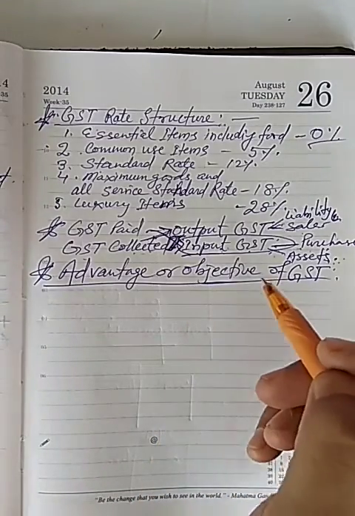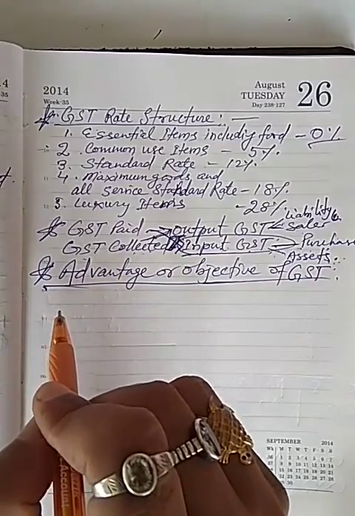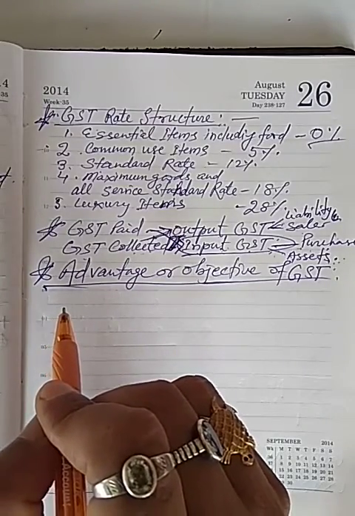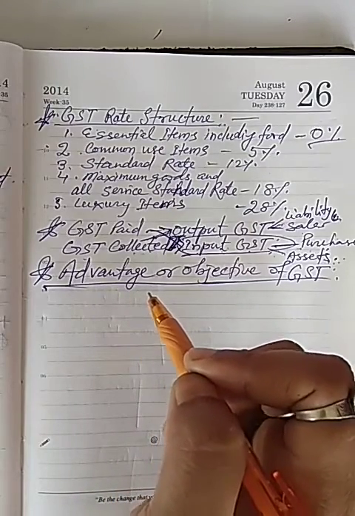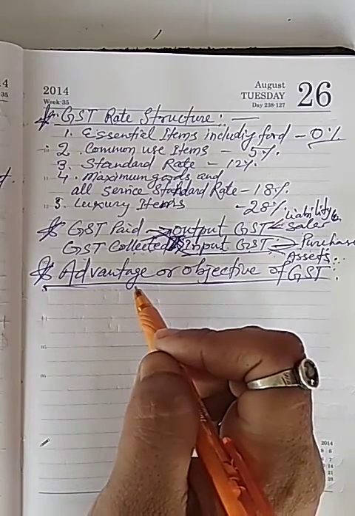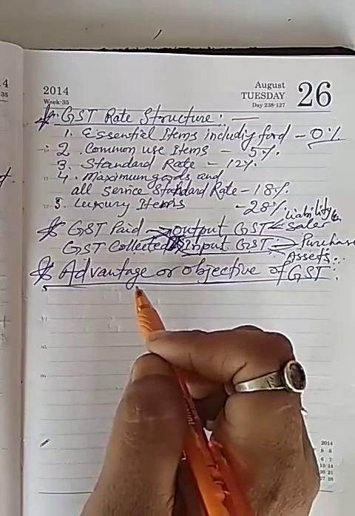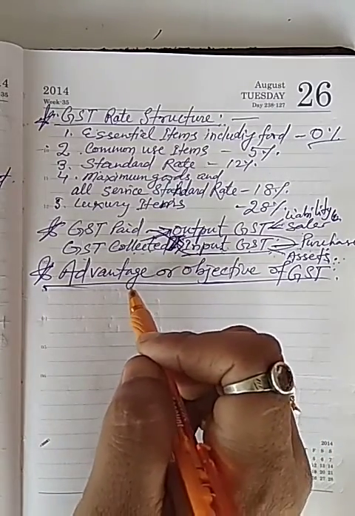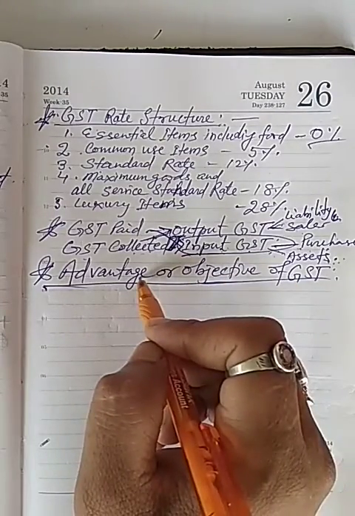For example, center charged excise duty on goods manufactured and state charged VAT on the same goods.